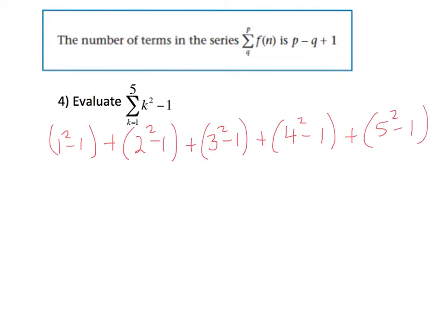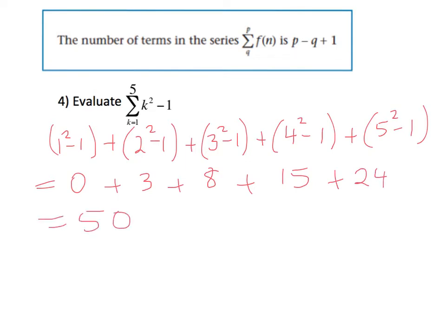So we're just going to add up all of those, because that's what this is saying. This is the sum of all the terms, starting with k equals 1, which was this one, all the way up to k equals 5, which is that term there. So we'll get 0 plus 3 plus 8 plus 15 plus 24, and that adds up to 50.